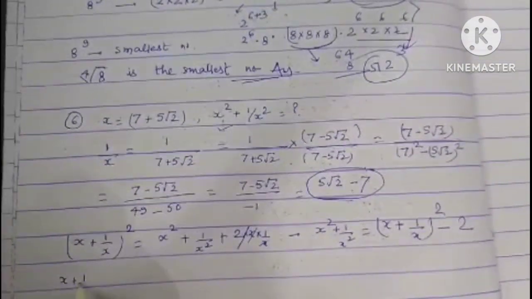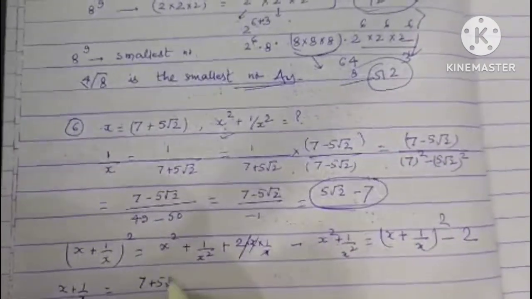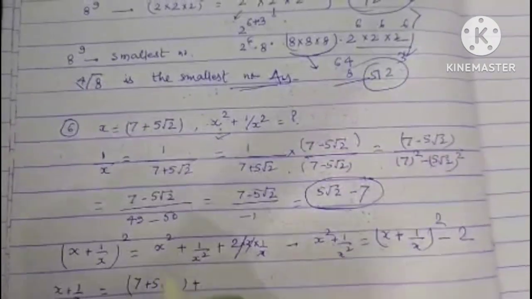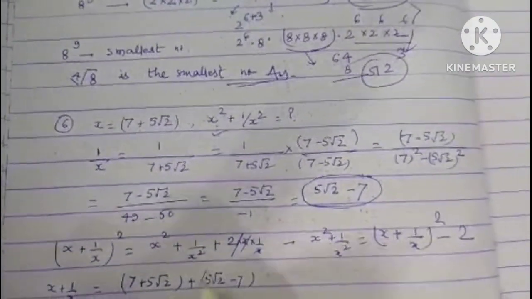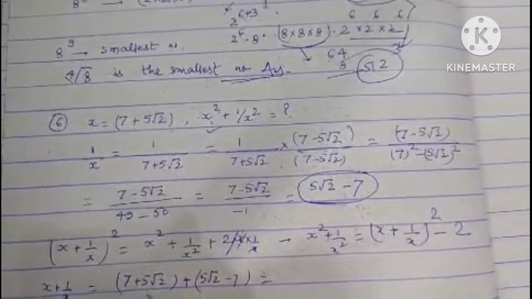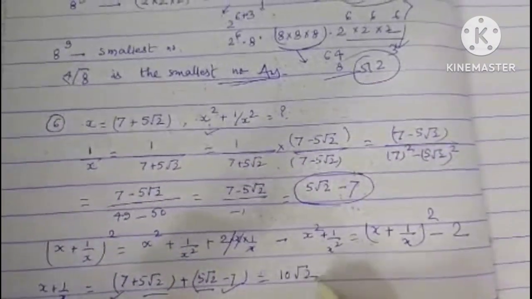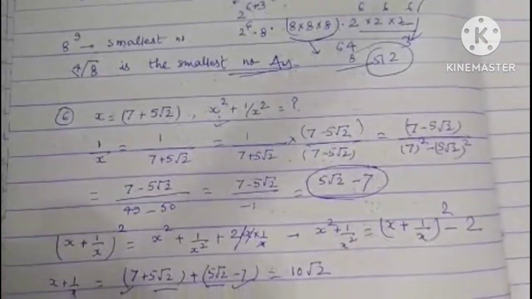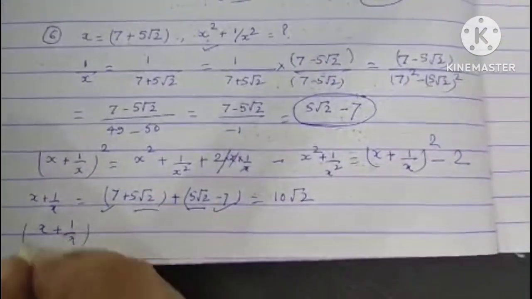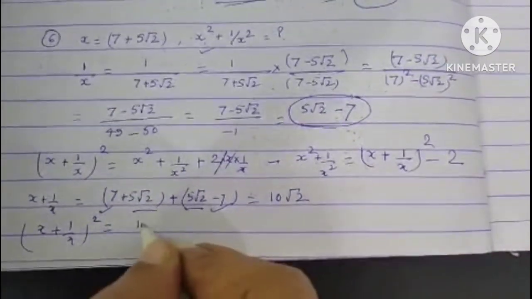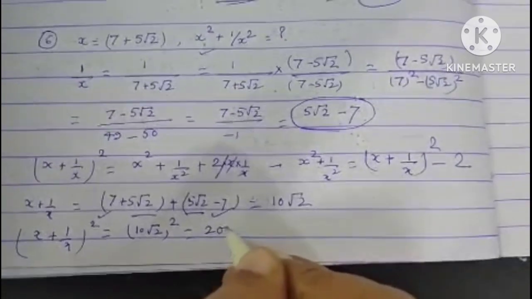So x plus 1 by x is equal to 7 plus 5 root 2 plus 1 by x, which is 5 root 2 minus 7. That is equal to, this 7 will cancel out, this will remain 10 root 2. Now let us do its square. x plus 1 by x whole square is equal to 10 root 2 whole square, that is equal to 100 into 2, 200.